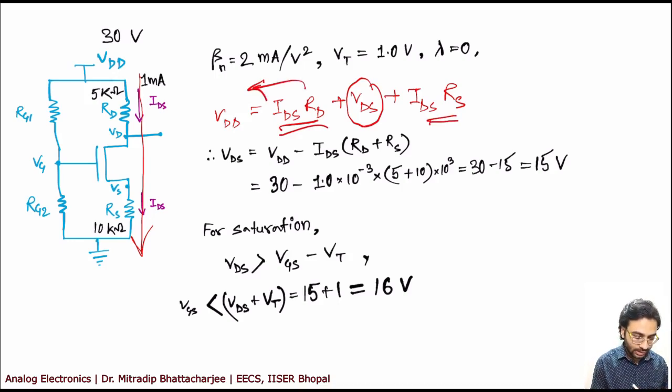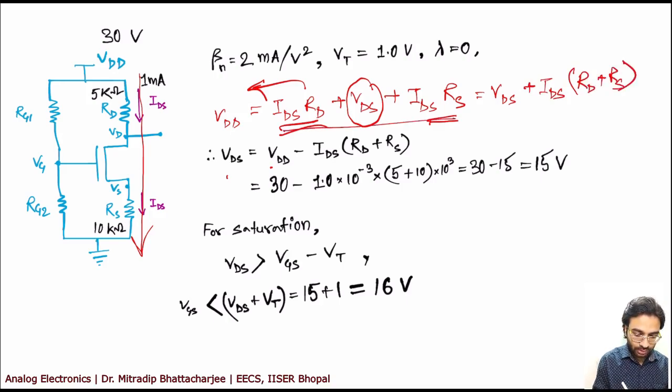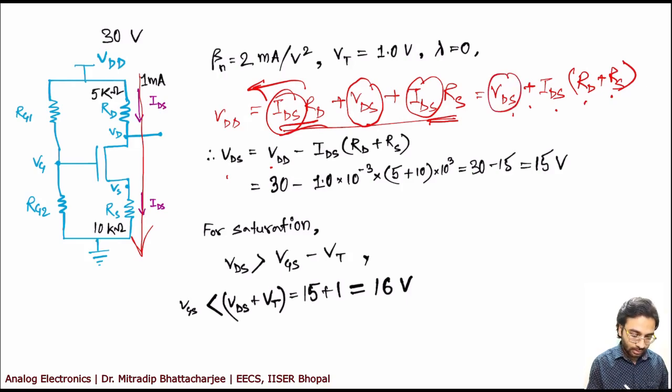Now keep VDS on one side and take both of them on the other side. So you will find, let me make it even more clear, you have VDS plus IDS into (RD plus RS), right? From this equation you have just taken IDS common in both the cases. Now your VDS will be VDD minus IDS into (RD plus RS), right?